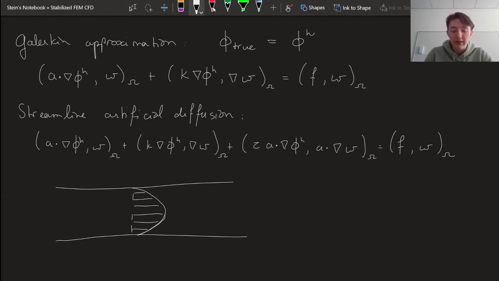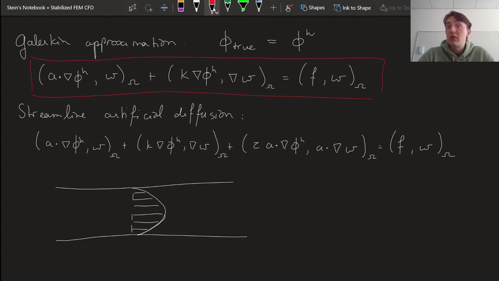Now, the reason for that is that the true solution satisfies this rule, by definition of it being the true solution. It actually satisfies that rule for all possible choices of test functions W. So also certainly the couple ones that we choose in our finite element approximation.